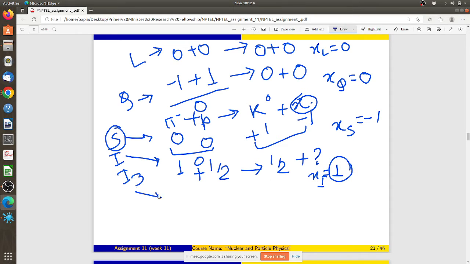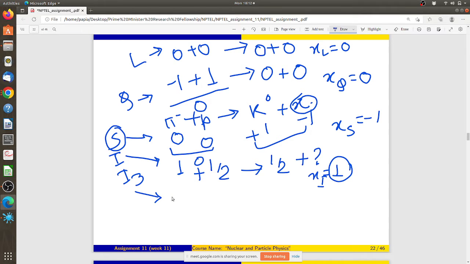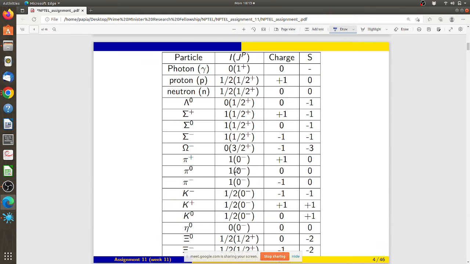Now coming to the I3 part. Pi minus has an I3 value of minus 1. P has an I3 value of plus half. And K0 is a family member of K0 and K plus.